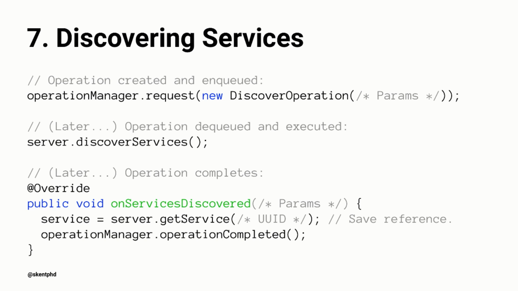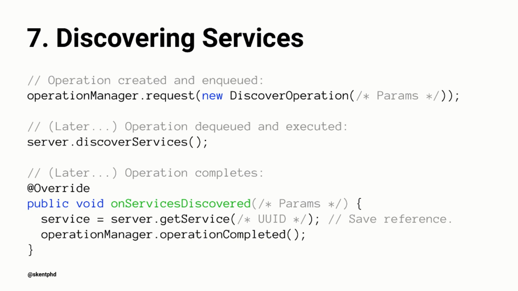And we would have logic that says something like, okay, if you give me an operation and it's a discover operation, this is the method you should call. So in this case, if we are passed back a discover operation, that means we need to call discover services on our server. That's now an asynchronous method, so we call that, and then we wait for a callback to onServicesDiscovered, which tells us that the service discovery is now complete.